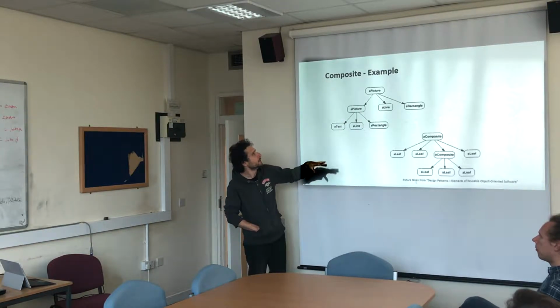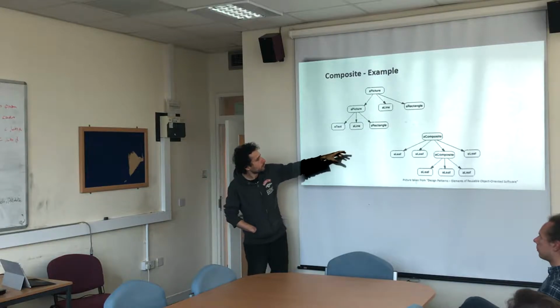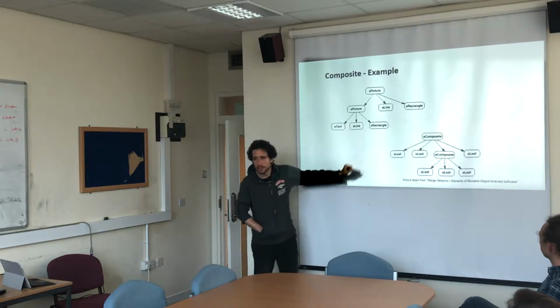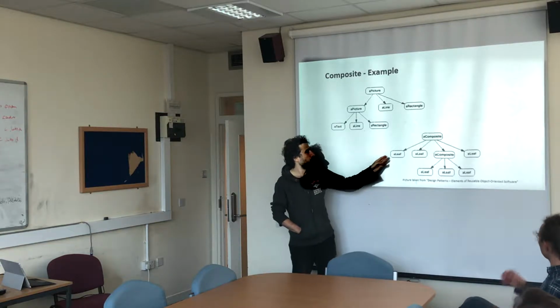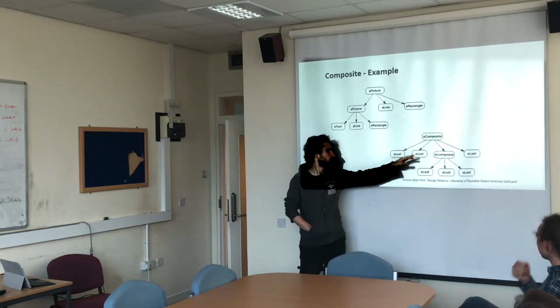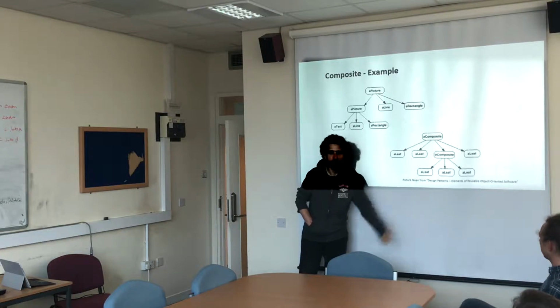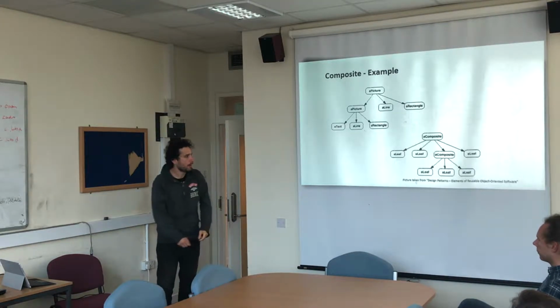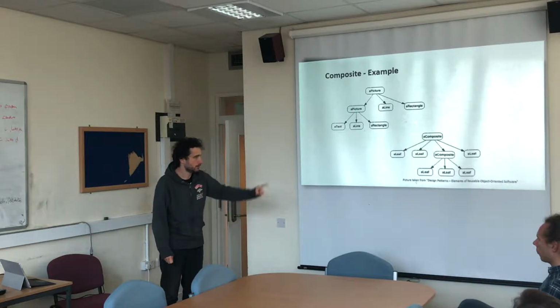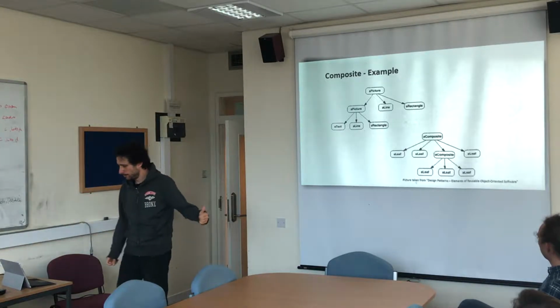In general, the composite pattern allows you to treat this kind of tree in this way. So we have a composite object which contains leaves, but can also contain composite objects.